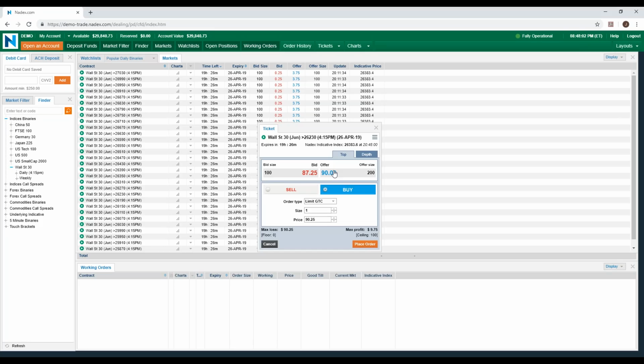If I bought it for 90, the most I can lose is $90, right? Everybody understand that? What's the most I can make if I bought it for 90? The most I can make on a binary is 10, since the most it can be worth is $100. Everybody follow?